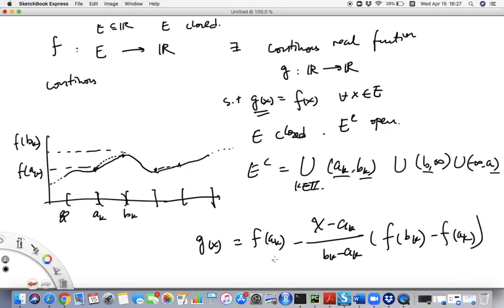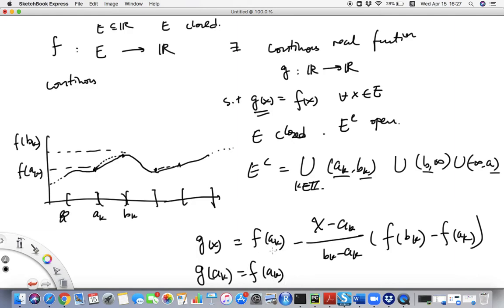It looks a little complicated, so let me explain what this actually is. If you plug in x equal to ak, let's look at g of ak: this term is 0, so this term is gone. So g of ak is simply f of ak.